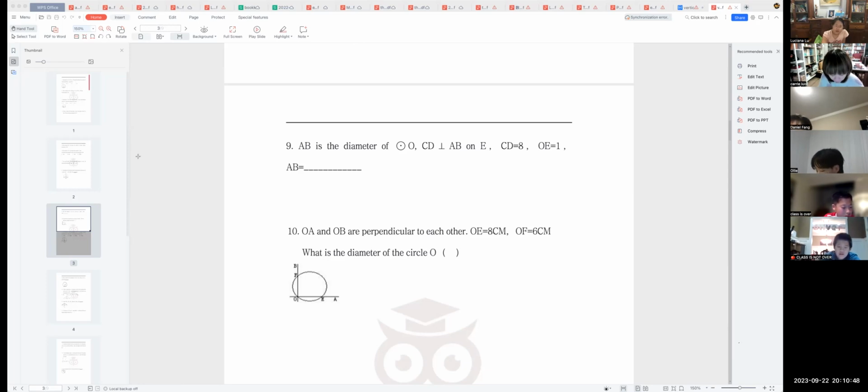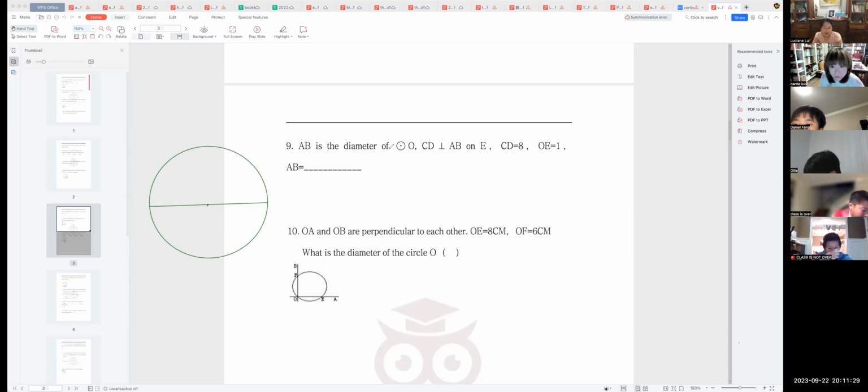Okay, so let's take a look at this one. Okay, so first of all, AB is the diameter of center O. Okay, so CD is perpendicular to AB at E. So where is CD?